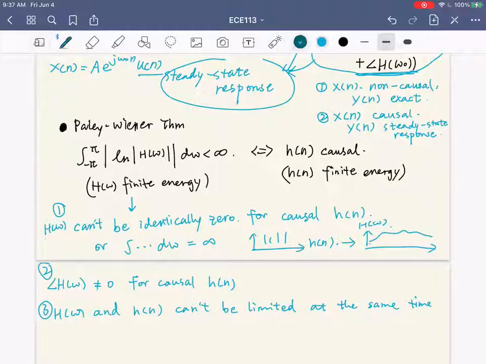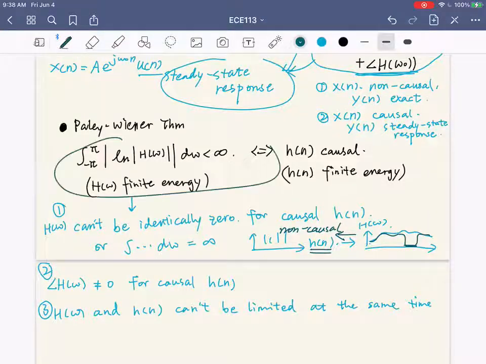And if we observe a period that is identically zero, which means the function looks like this, identically zero here, then we can know the original x of n is non-causal. Why?